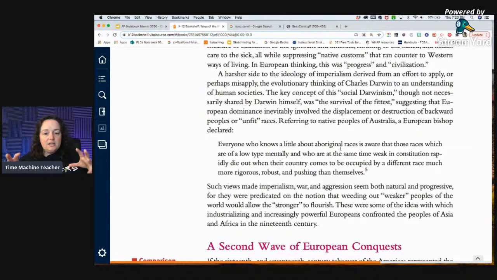So basically, Darwinism is that the survival of a species will depend on whether or not they are fit enough to survive. And social Darwinism is the survival of a race, and that the inferior races cannot survive without the superior race helping them.